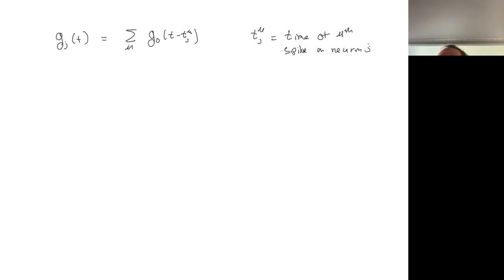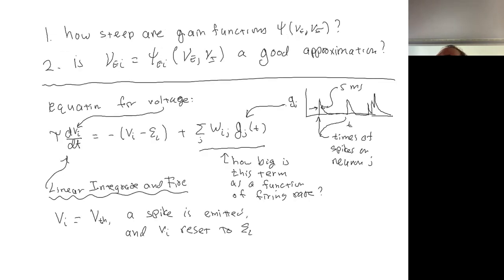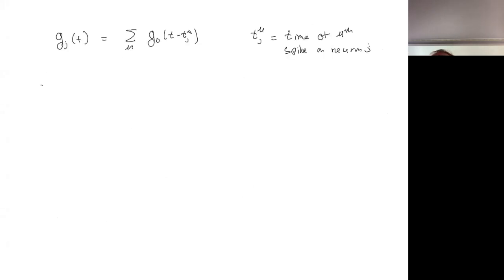Okay, so if you go back to this picture, these things are G0 of t. Okay, so G0 of t is this thing that doesn't last very long. It goes up and comes down. For a brief period, it's about 5 milliseconds long, and we're going to actually eventually make it shorter.